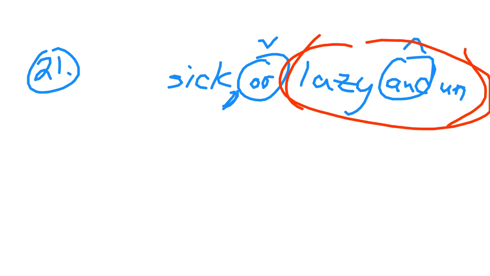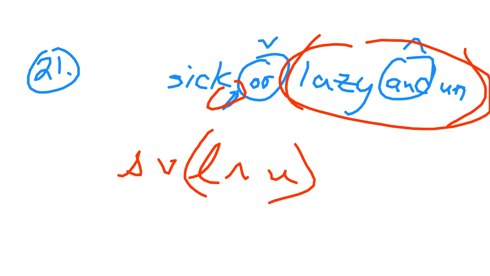So if we were going to use sentences here, we're going to let S be Sally is sick, L be Sally is lazy, and U be Sally is unreliable. And then we have an and and an or here. Once again, normally we would go left to right, but because of this comma, we're going to separate this off. So we would actually do the conjunction first, and that leaves the disjunction, or the or statement, to be done last.